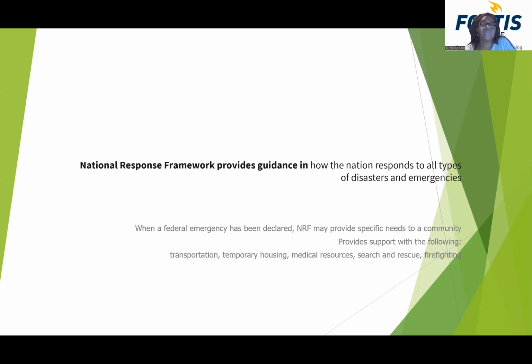The first concept that we will talk about is the National Response Framework. It provides the guidance in how the nation responds to all different types of disasters and emergencies. When a federal emergency has been declared, which is what they usually run across the TV or you hear on the radio, certain things are put into place by the federal and other governments.